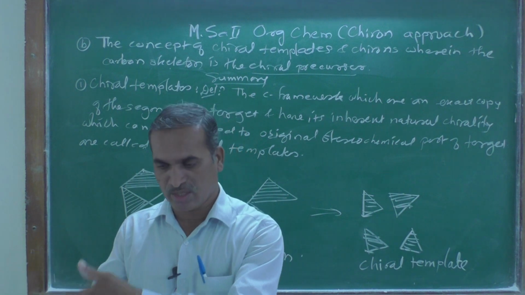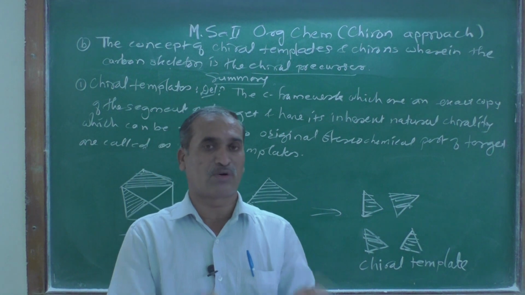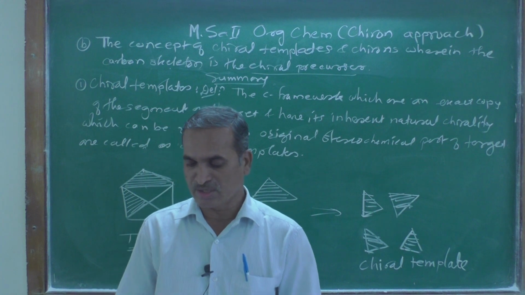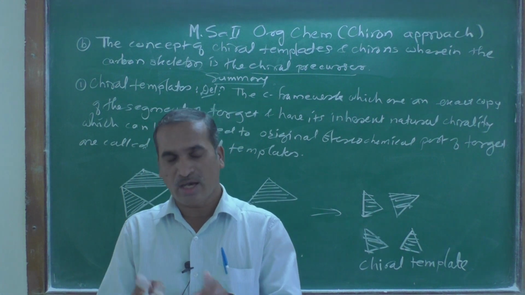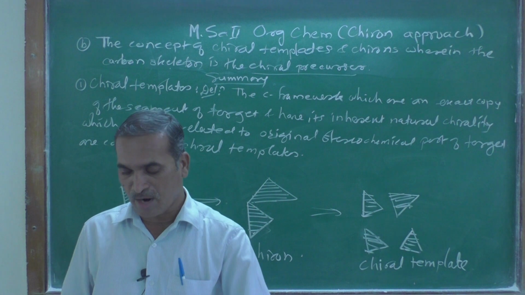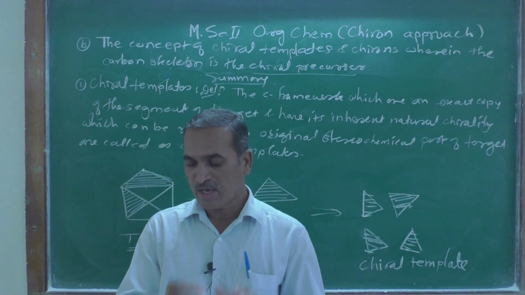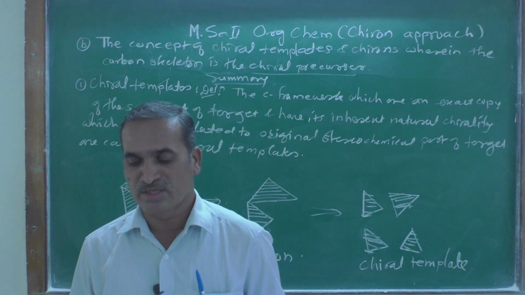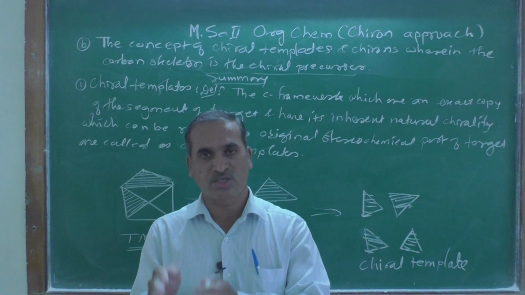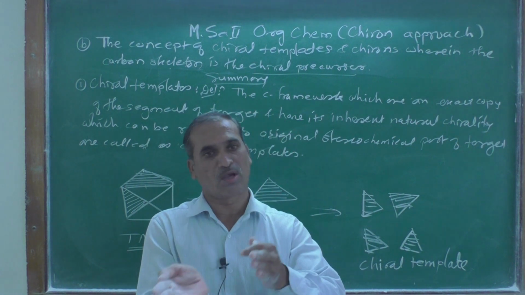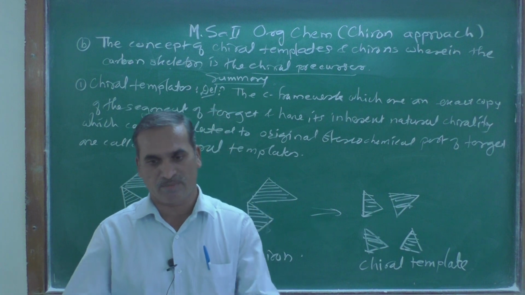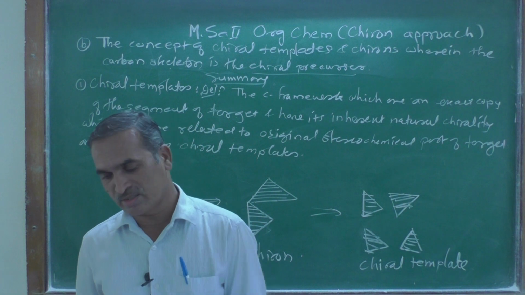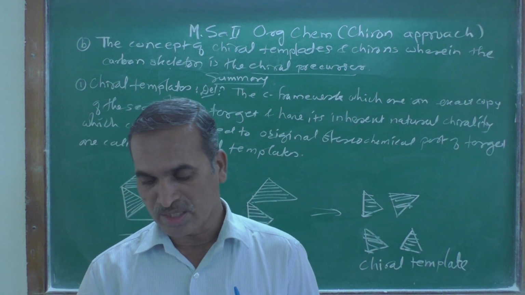Without a chiral center we cannot, but your starting compound should have a chiral center, and this chiron has a chiral center with either R or S configuration. The chiral precursor can be utilized in the synthesis of natural products such as biotin, and biotin we already learned how we can synthesize starting from the chiral precursors. So I think with this we have completed this B point.